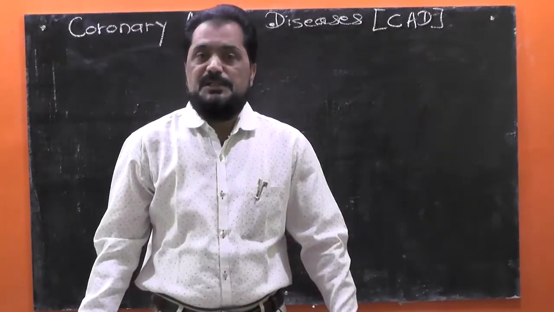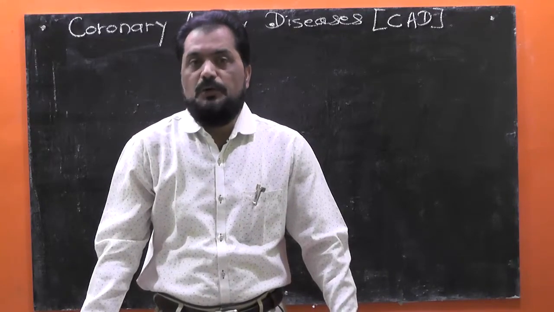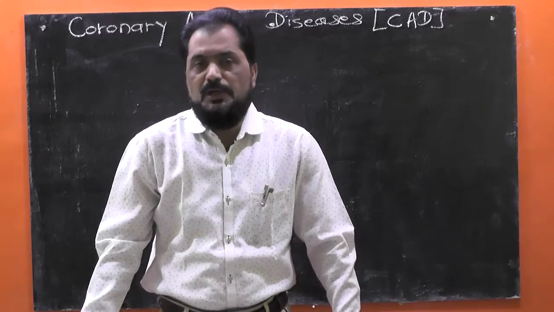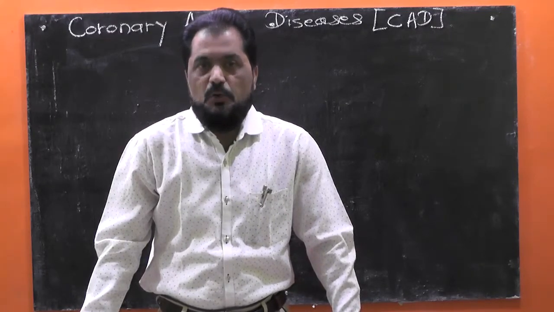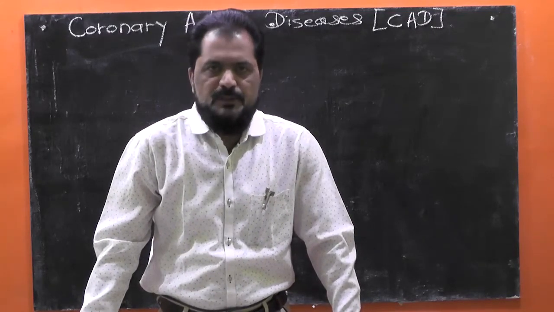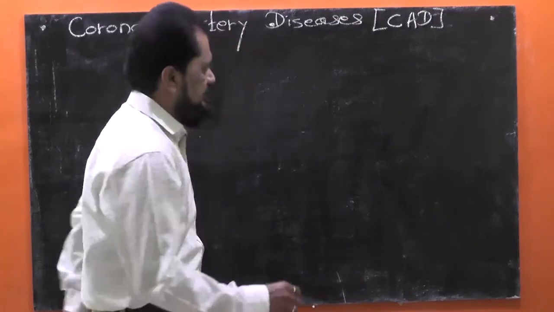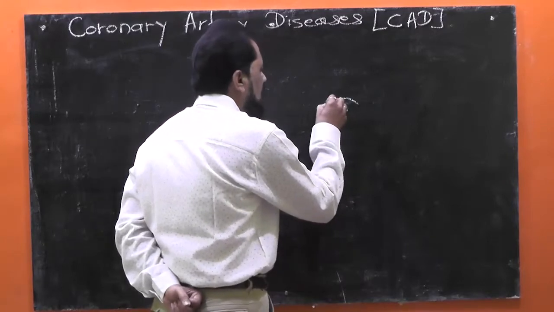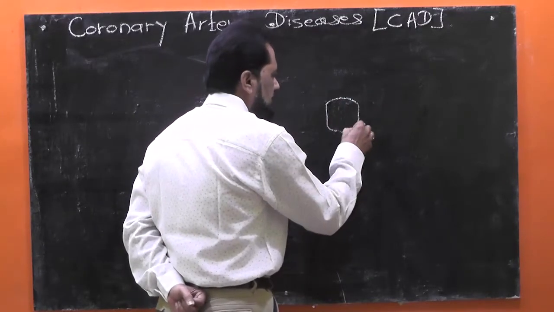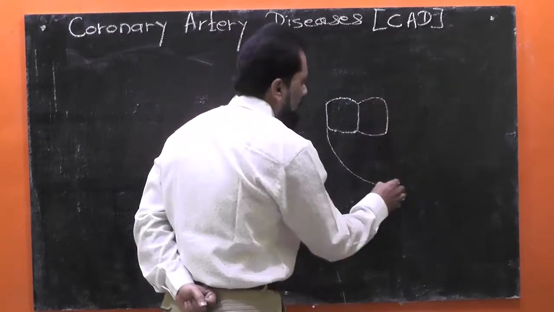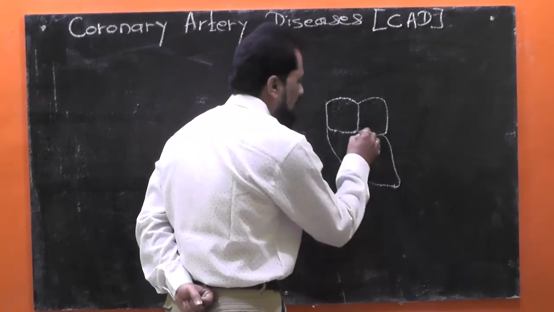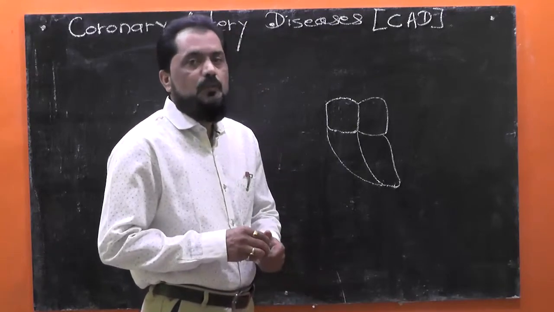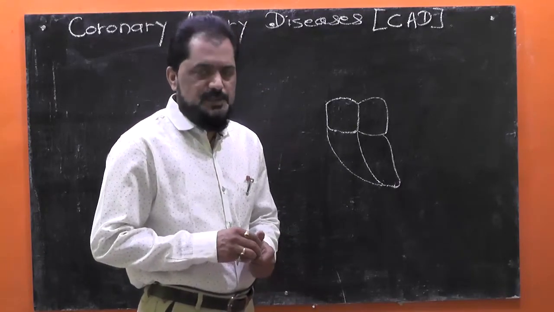Now, before discussing these different coronary artery diseases, let us talk briefly about the coronary arteries, the coronary circulation. Friends, while studying the structure of the heart, we have already seen that the heart acts as a pumping organ of our blood vascular system, and the heart wall is made up of cardiac muscles.